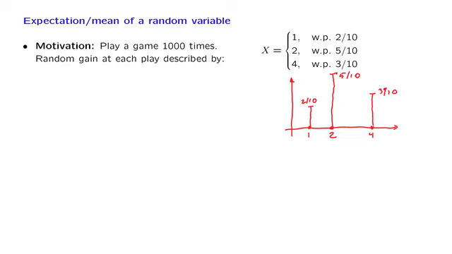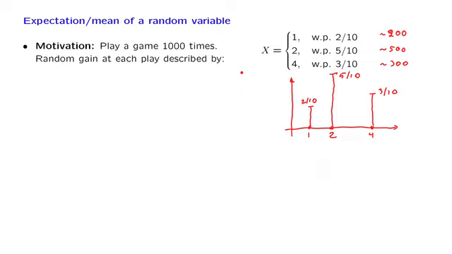How much do you expect to have at the end of the day? Well, if you interpret probabilities as frequencies, in 1,000 plays, you expect to have about 200 times this outcome to occur, and this outcome about 500 times, and this outcome about 300 times.